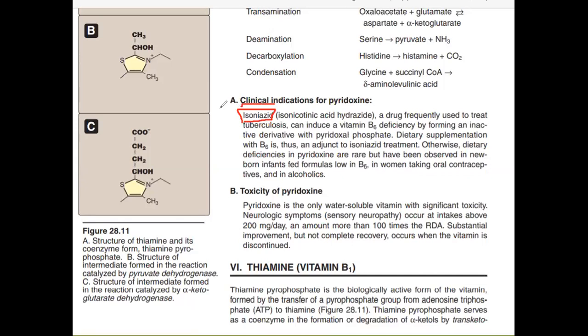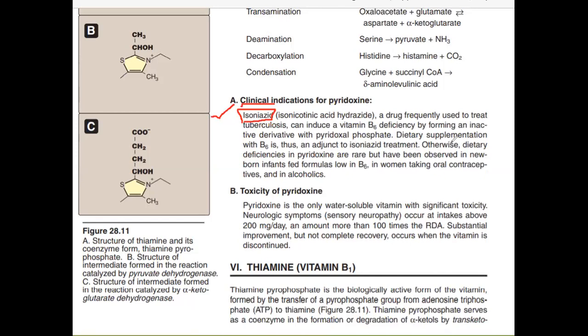So if a patient has TB and you are prescribing isoniazid, you have to give that patient vitamin B6 also, because this drug can cause vitamin B6 deficiency. Dietary supplementation with vitamin B6 is thus an adjunct to isoniazid treatment.